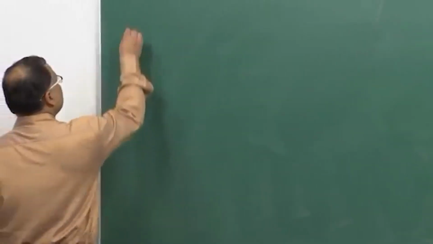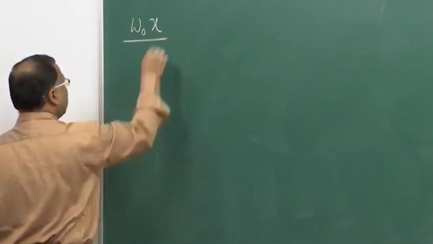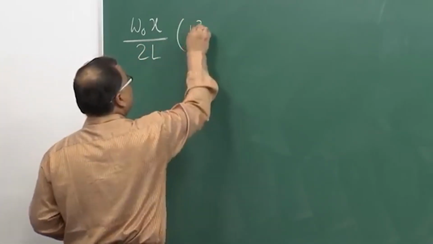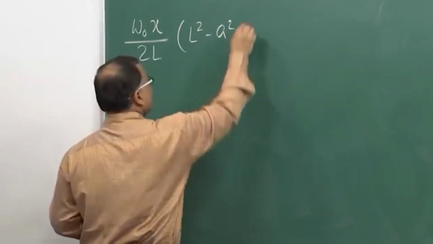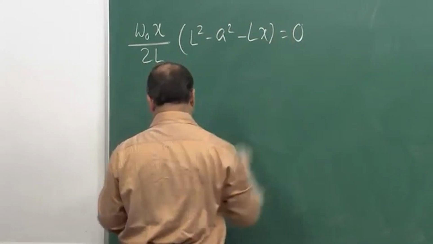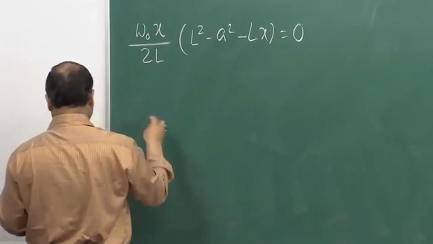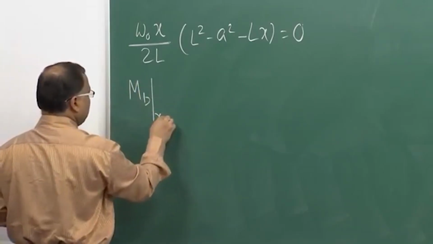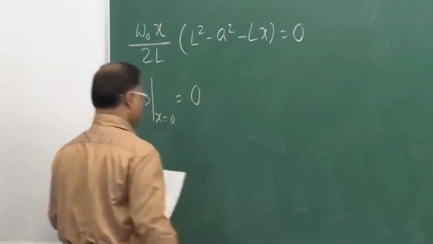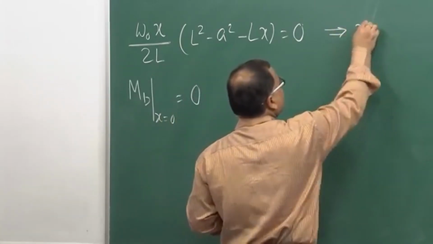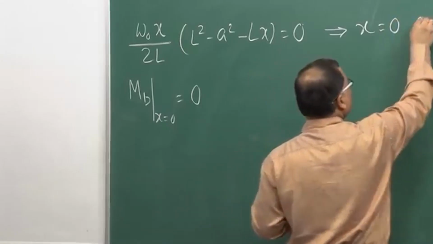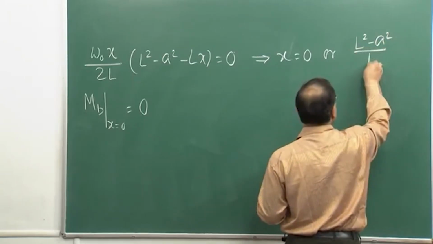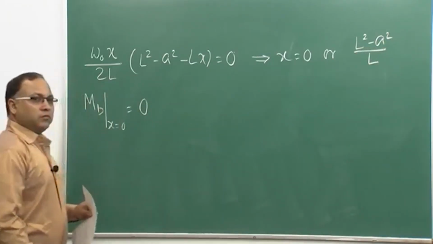So, we are just simply putting W naught x by twice L, (L square minus A square minus L x) equal to 0. So, from this I can get x equal to 0 or (L square minus A square) by L. Okay.